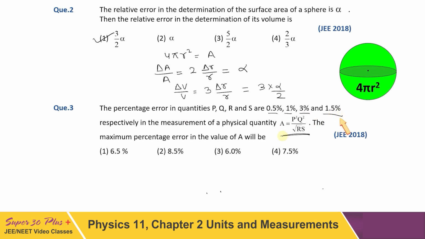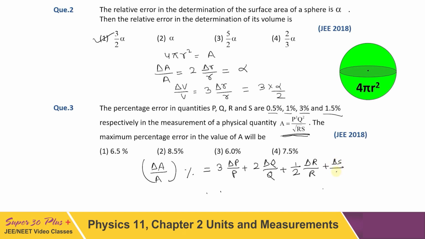One physical quantity is given there, A equals P cube Q square upon root under R into S, and it is asking for percentage error in A. So percentage error in A, from the given formula, will be equal to 3 times percentage error in P plus 2 times percentage error in Q plus 1 by 2 times percentage error in R plus 1 time percentage error in S.